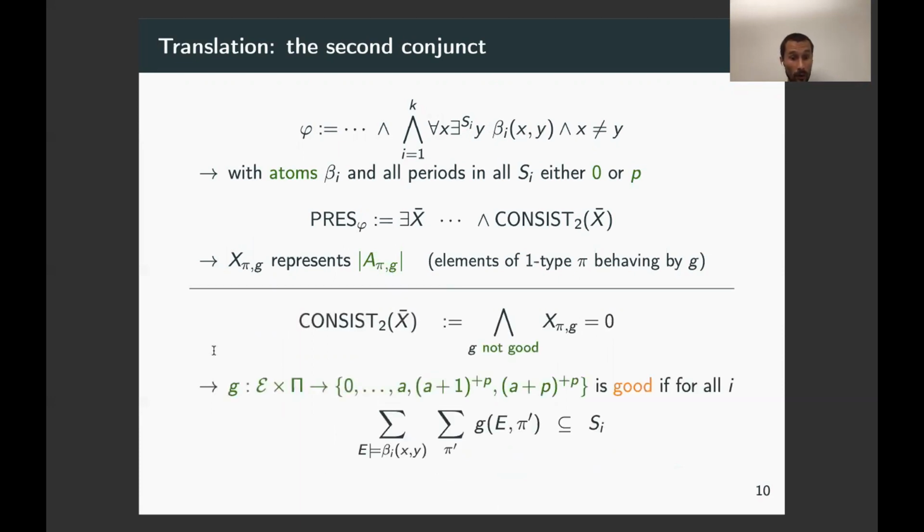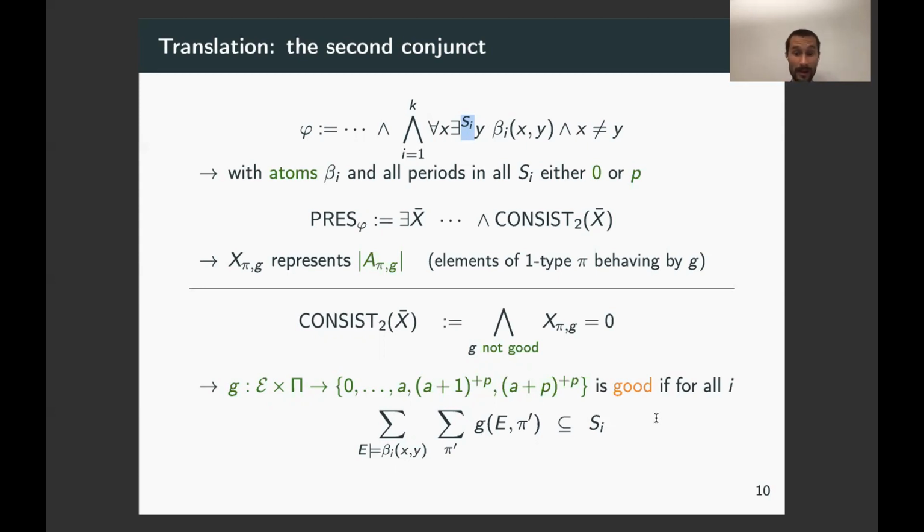We need that overall for each element, its behavior function is such that for all the e's and for all pi primes which imply beta, the overall number of neighbors is inside S sub I. So formally, we call a behavior function good if for all i's, for all parts of this component in the Scott normal form, we have that the sum over all e's, all 2-types implying beta, and the sum over all pi primes, which are kind of irrelevant here, the g gives us a value inside S sub I.